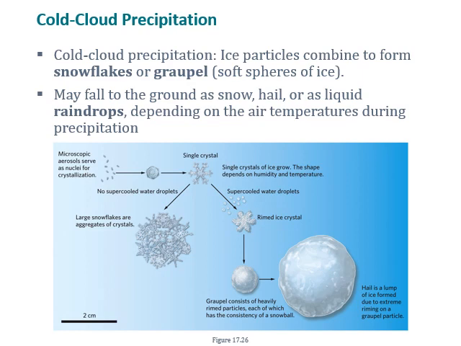Large snowflakes are aggregates of crystals, and depending on the humidity and temperature, you may form rimmed ice crystals with water on the edges, graupel, which has the consistency of snowballs, and hail, which forms as extreme rimming on a graupel particle.